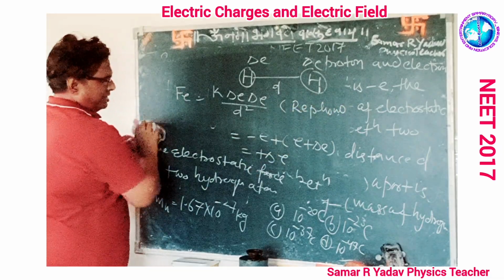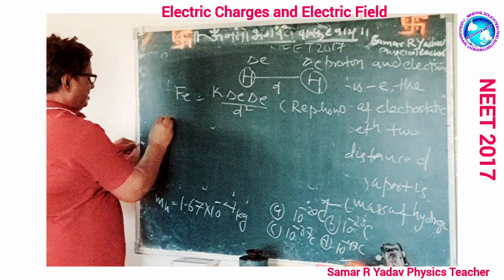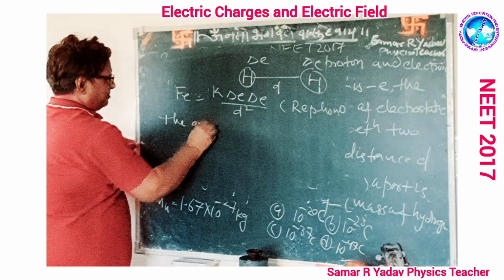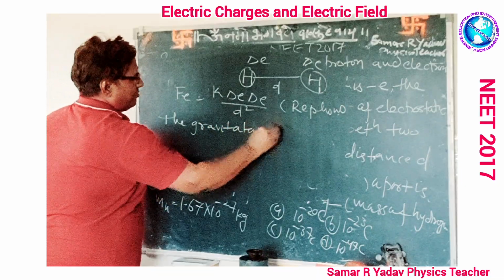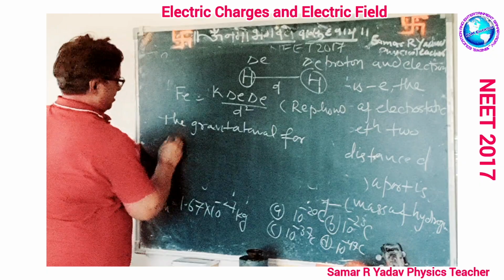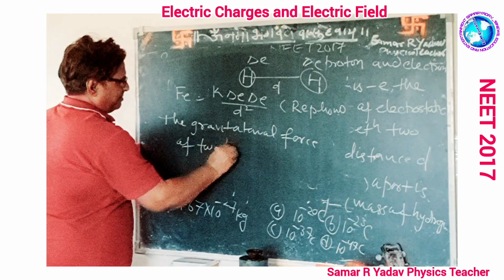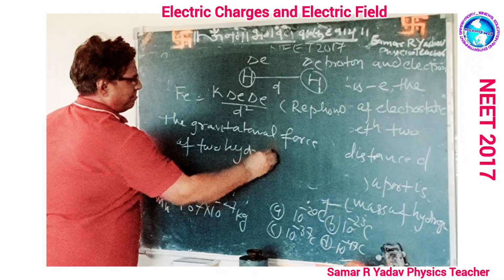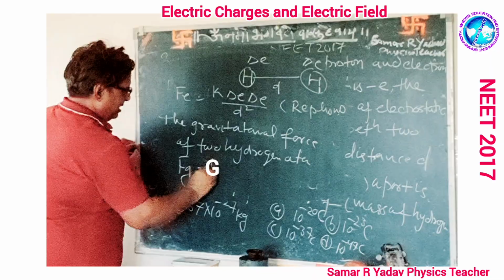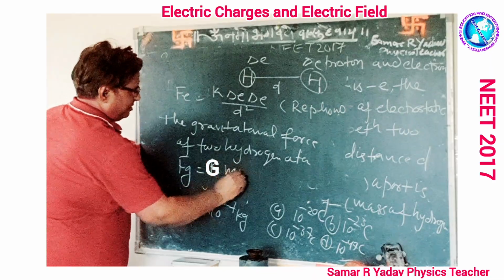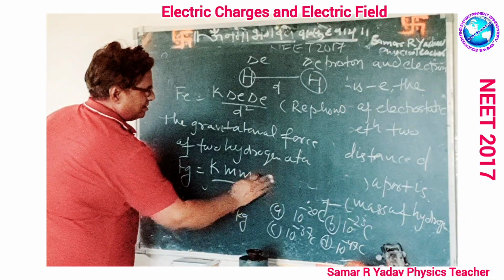Now the gravitational force acting between both the hydrogen atoms, the gravitational force of two hydrogen atoms, that is Fg is equal to G into m square upon d square, that is an attractive force.